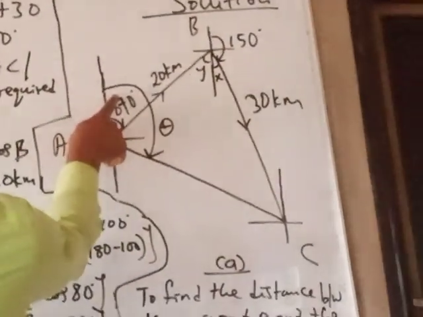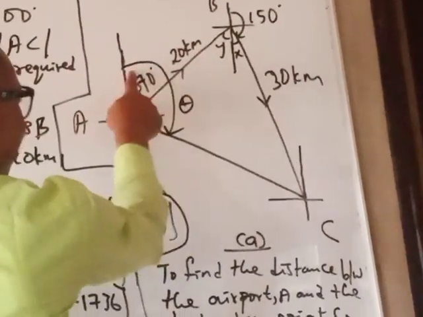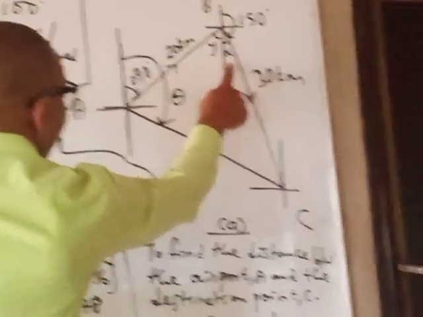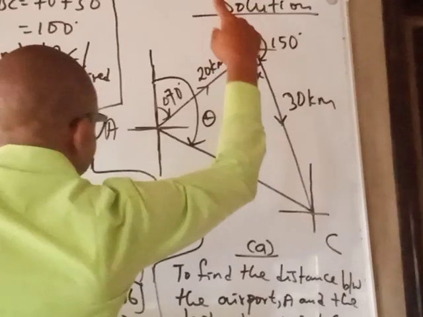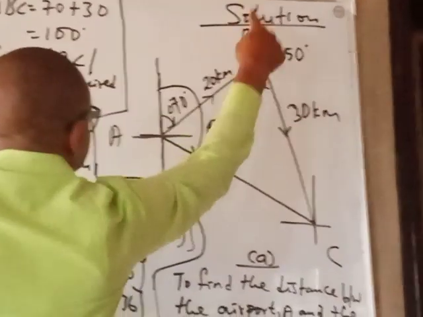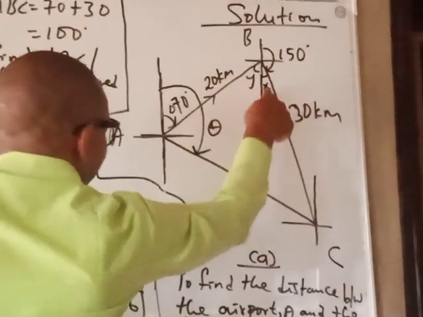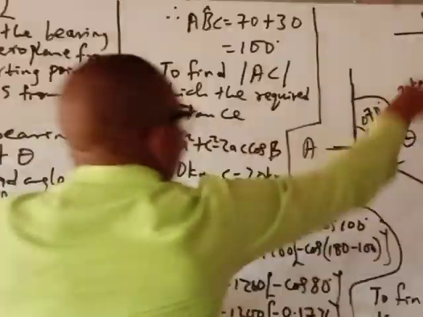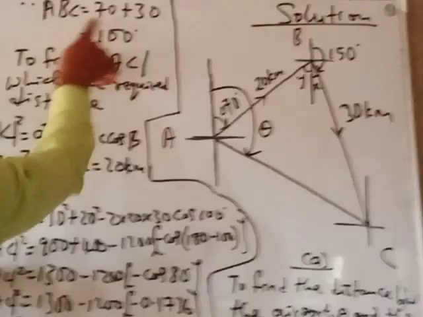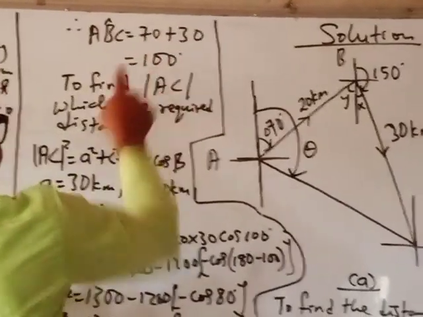So, to find angle Y, we notice that angle Y is alternate to 70 degrees. To find X, we notice that 150 plus X will give us angles on a straight line. Removing 150 from 180, we have X. So that is how we got X here. Then, in angle ABC, 70 plus 30 is 100 degrees.